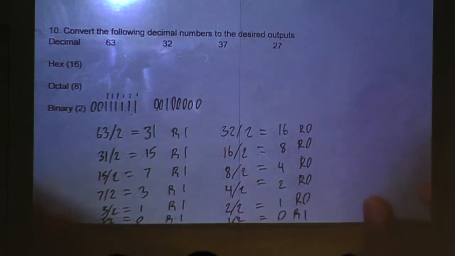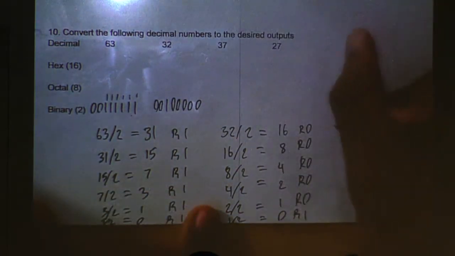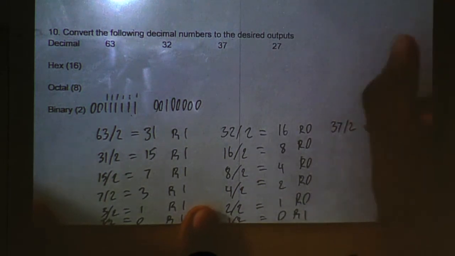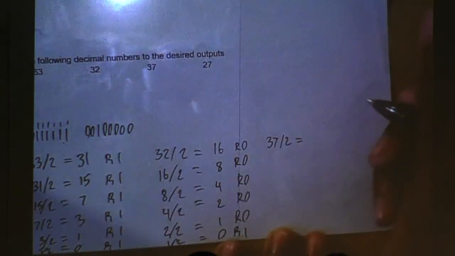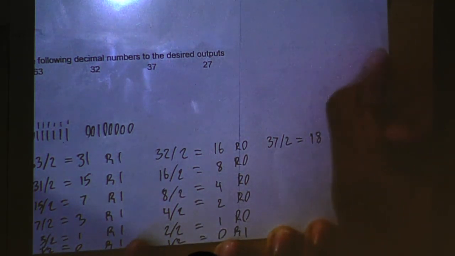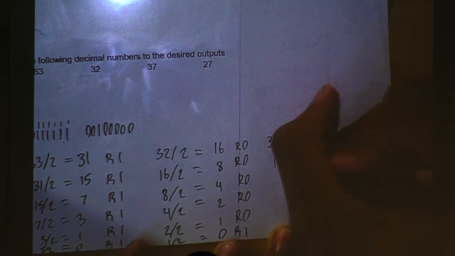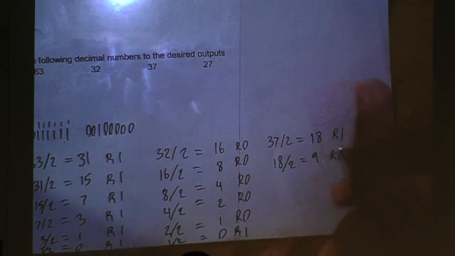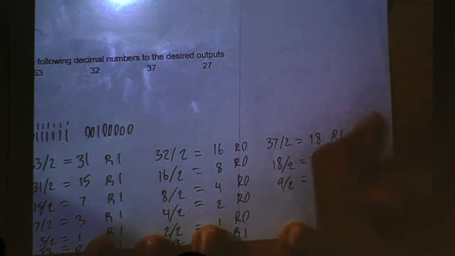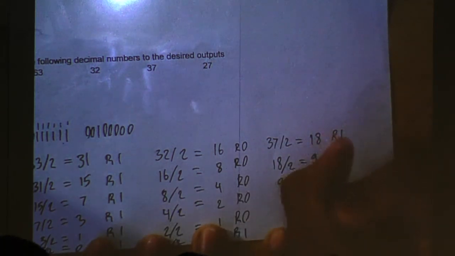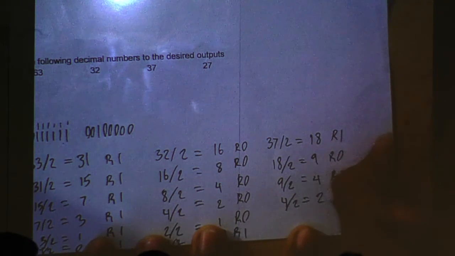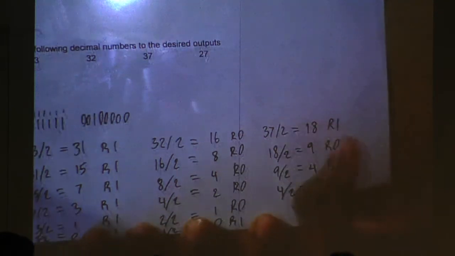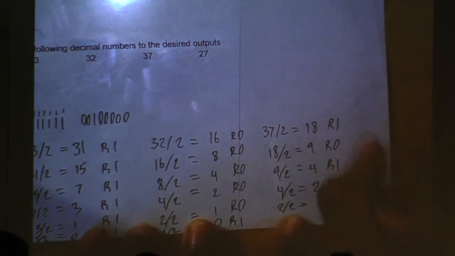Cool. So then we'll just go through the other two. 37 divided by 2 is going to give you 18, remainder 1. 18 divided by 2 gives you 9, remainder 0. 9 divided by 2 gives you 4, remainder 1. 4 divided by 2 gives you 2, remainder 0. 2 divided by 2 gives you 1, remainder 0.